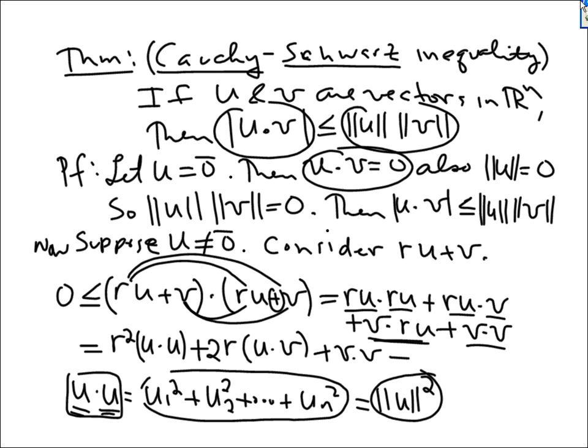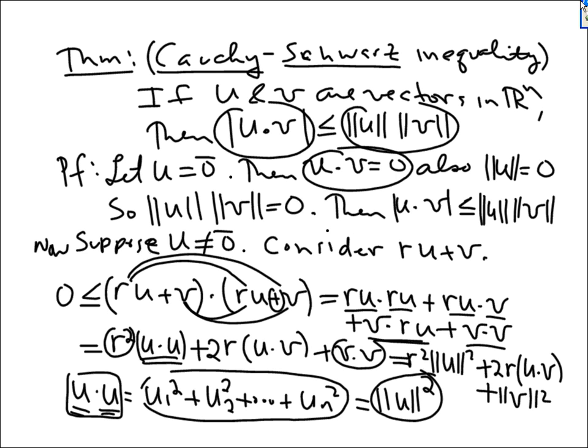So let's come here. I have r squared times u dot u, that is, r squared times the length of u squared, plus 2r times u dot v, plus v dot v, which is the length of v squared. And like it says, it's greater than or equal to 0.